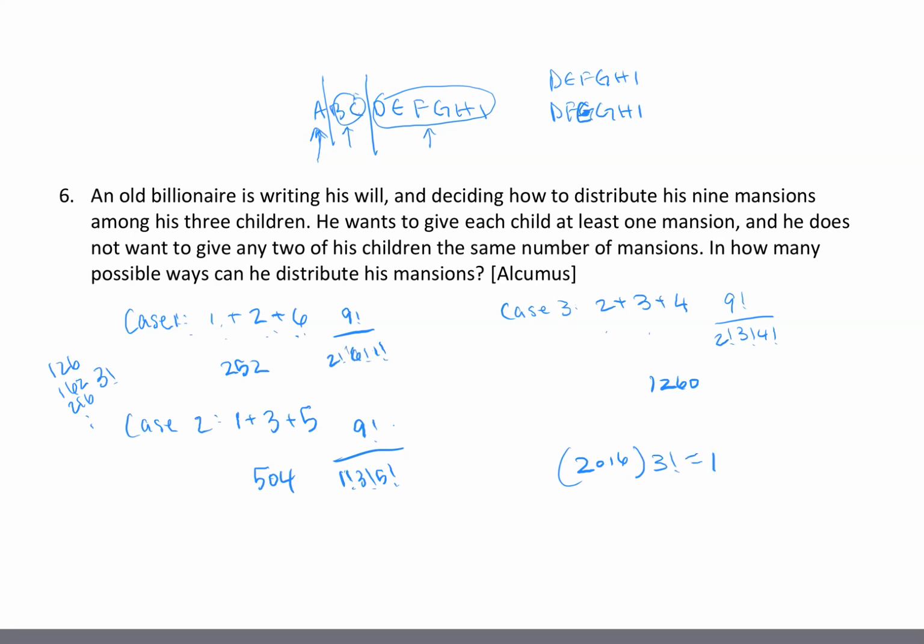And then this ends up with 12,096, I think. The calculation is not the important part. We just need to understand the methods of solving it. So is this good for you guys? Do you guys have any questions?